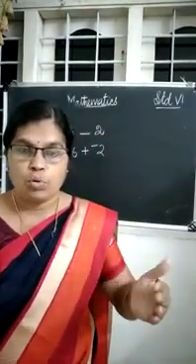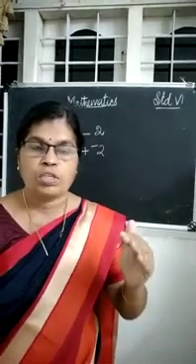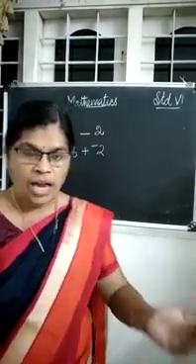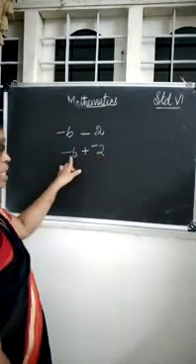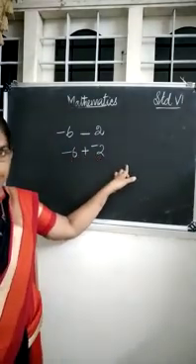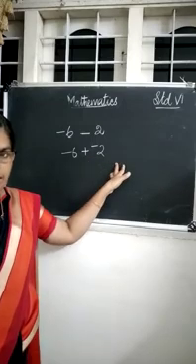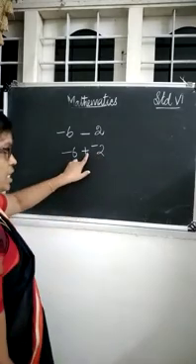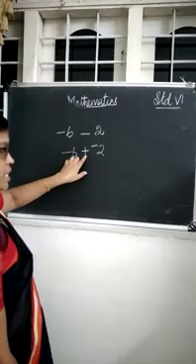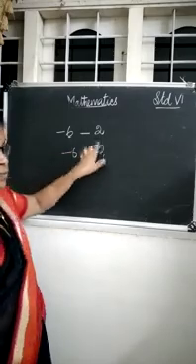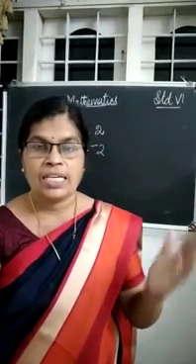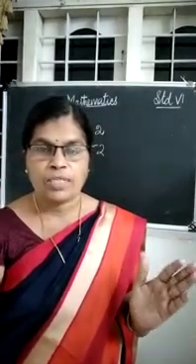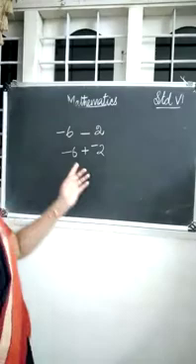The additive inverse of positive 2 is negative 2, and this subtraction will change to addition. Now it has become the rule of addition. It has changed to addition of two negative integers. We have studied the addition rules, how to add two integers.